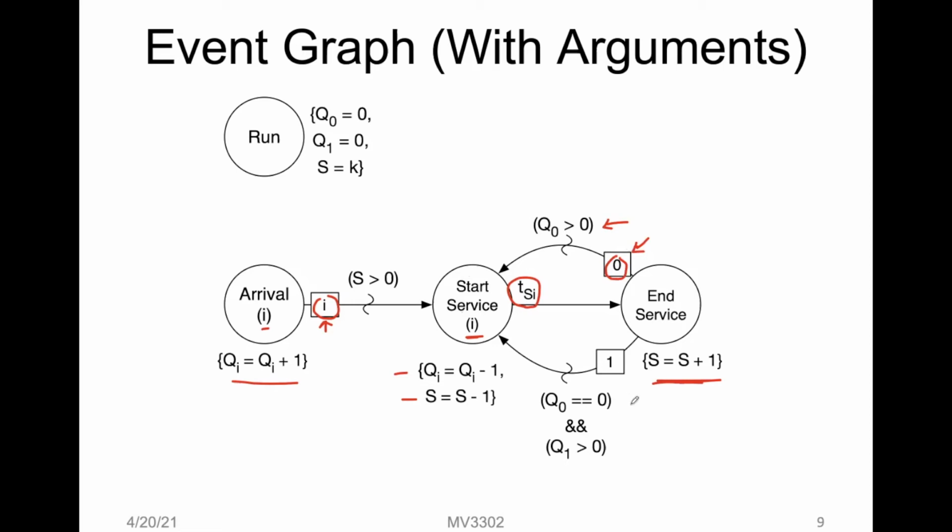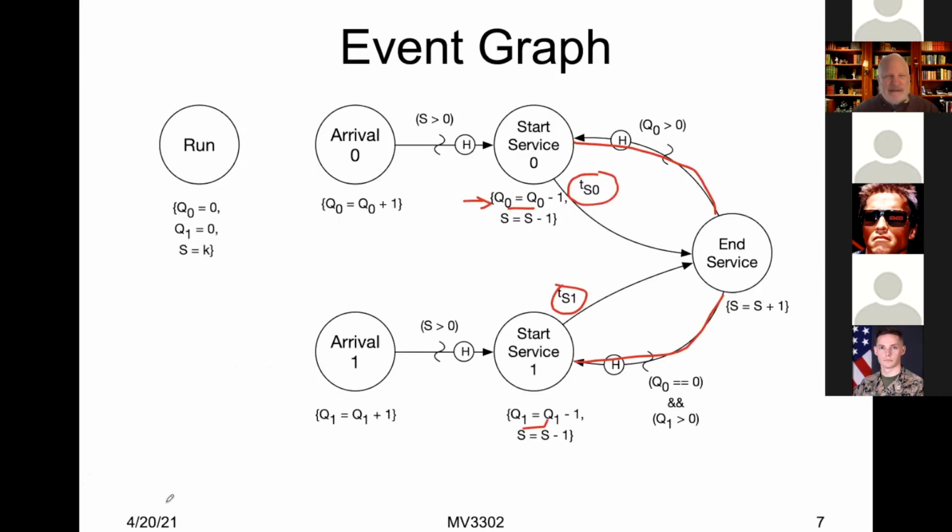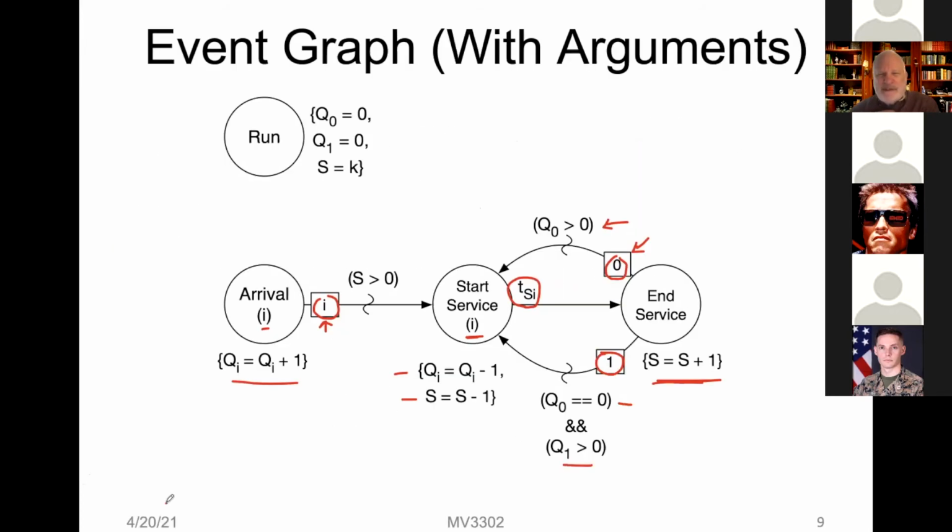Or if there's no type 0 in the queue, but there is a type 1 in the queue, then I'll schedule a start service passing 1. In other words, that schedules a start service on 1. Do you see how this is the same? It's the same model as this, just spelled out a little differently.